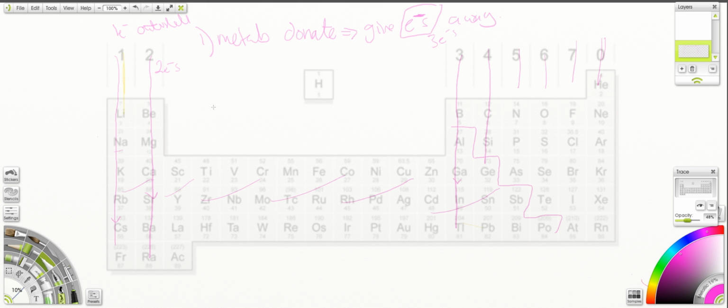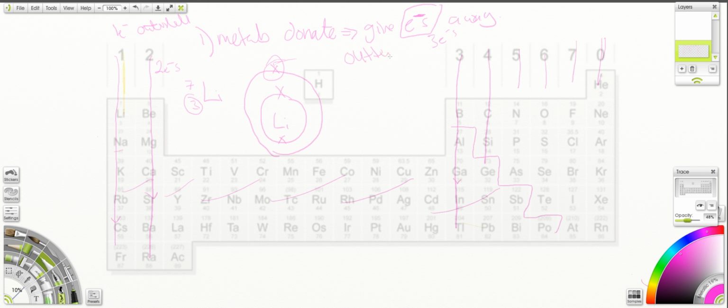Bear with me now. If we go with lithium, remember lithium has 7 at the top, 3 at the bottom. We're interested in the bottom number. So lithium has 3 electrons, and it's going to give this electron away. Metals donate and give away the outermost electron.